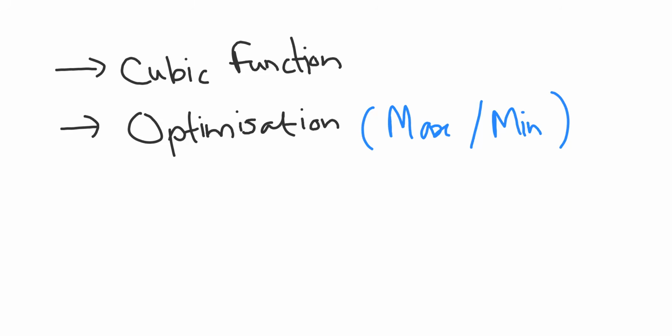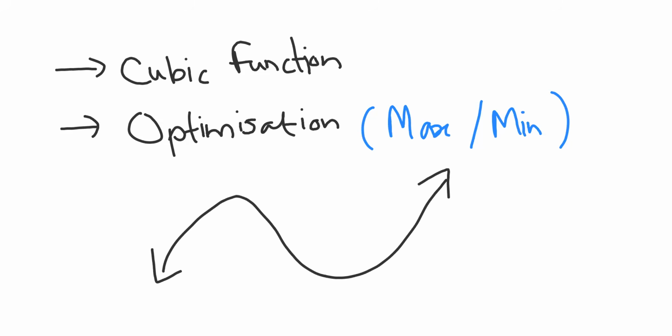They give you different scenarios here and you kind of just have to work through these examples. And because we're dealing with polynomial type functions, these functions generally have turning points.